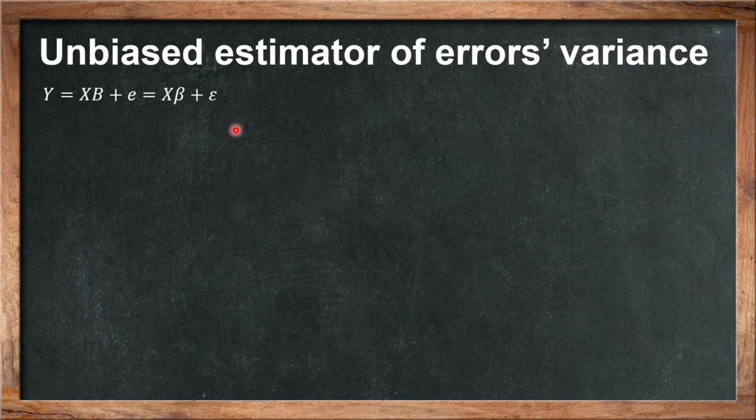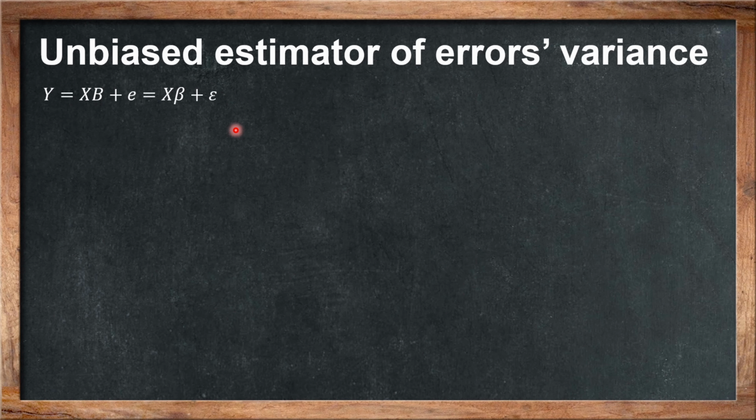That's why it's very important to obtain some kind of an estimator of the errors variance. Why do we call it an estimator? Because we are only working with the sample. We don't have access to the population.